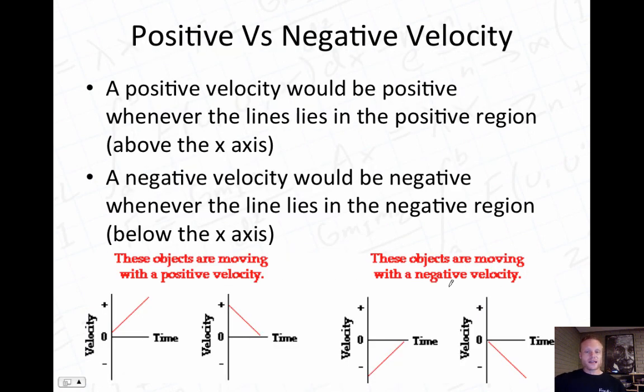There is positive and negative velocity, and don't let that throw you for a loop. It's totally a directional thing. If you have a positive velocity, in our class that typically means the object is moving to the right, and so you would be graphing things on the plus side of the graph. Here's the 0 and here's the plus, and then there's the negative down here. Both of these objects are moving with a positive velocity; notice they both are on the plus side of the graphs.